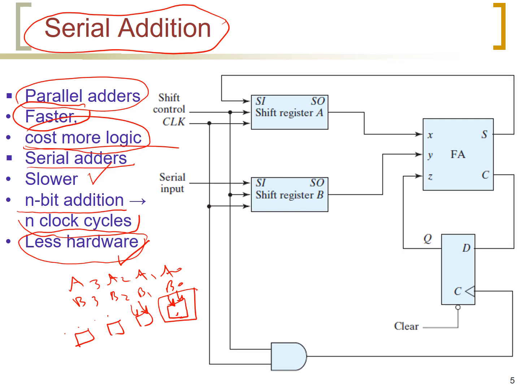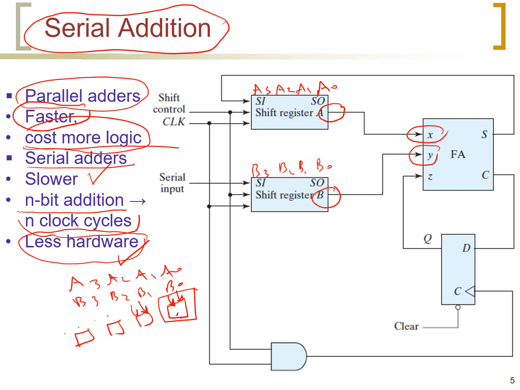Let's assume that shift register A contains the number, as an example, A0, A1, A2, and A3, and shift register B contains the number B0, B1, B2, and B3, from least significant to most significant. We connect the shift out of register A and register B to the inputs X and Y of the full adder.